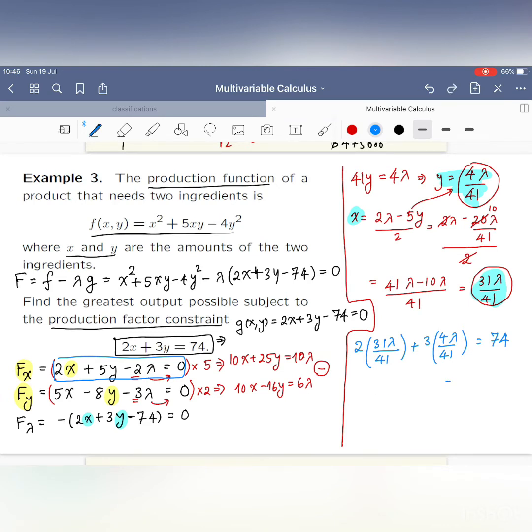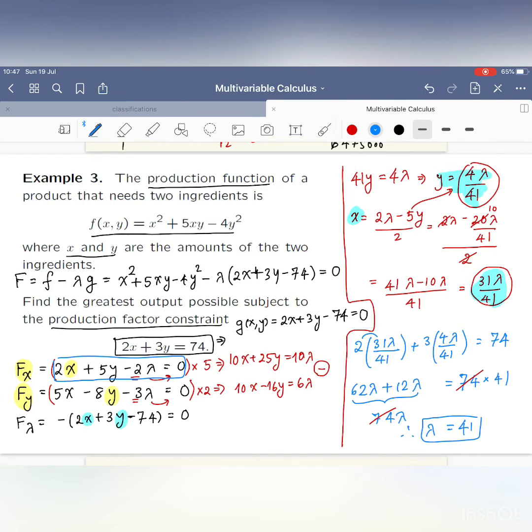Your 41 can be multiplied over, and this one is 62 and 12, which will give you 74 again. So the 74 cancels, and you end up with lambda equals 41.